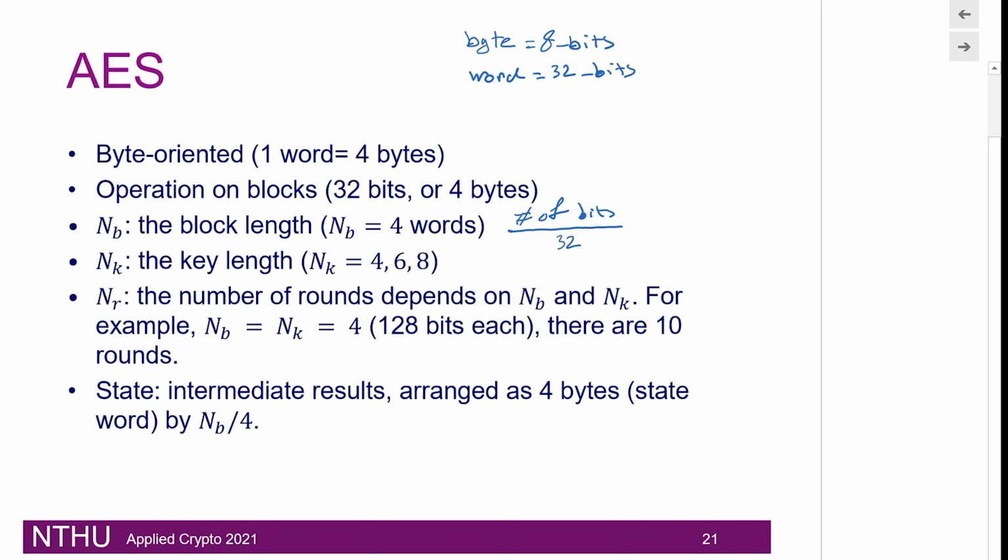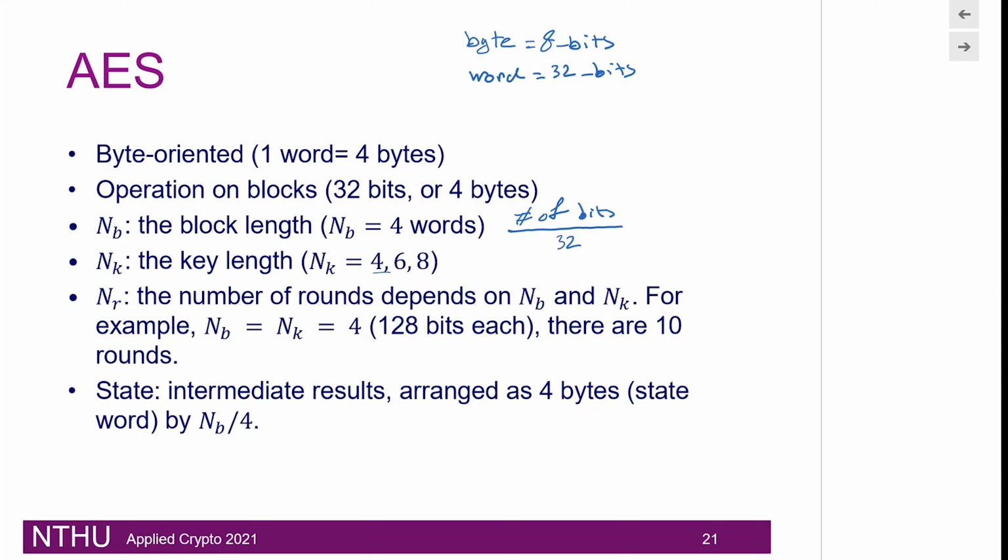These are variables that we use in the algorithm. And then the number of key words, Nk, can be 4 words, 6 words, or 8 words. If it is 8 words, we are talking about AES with a 256-bit key. If the number of key words is 4, we are talking about AES with a key length of 128 bits.